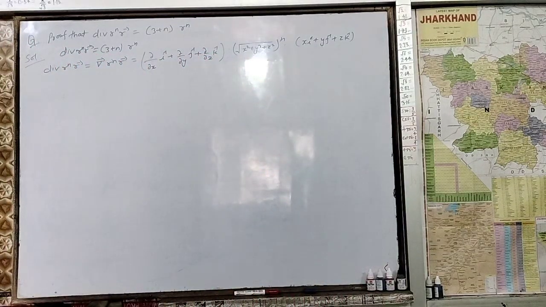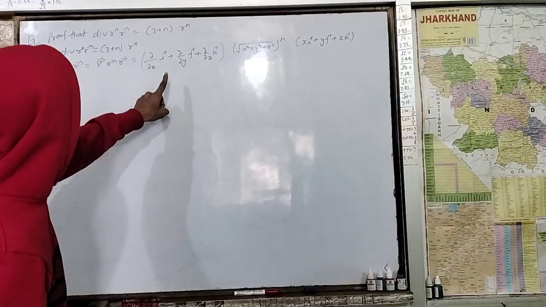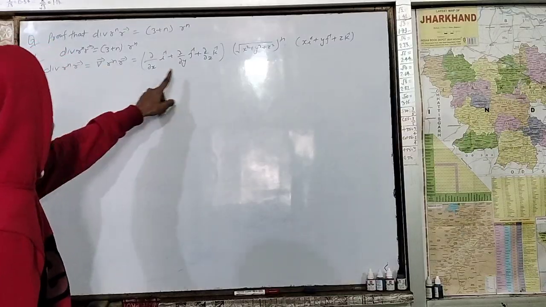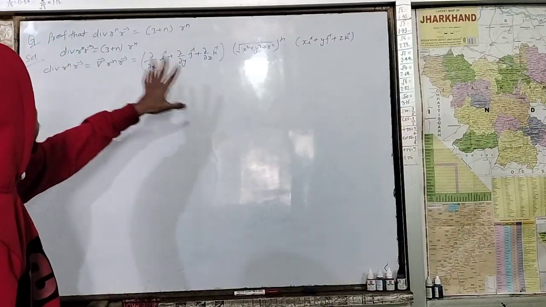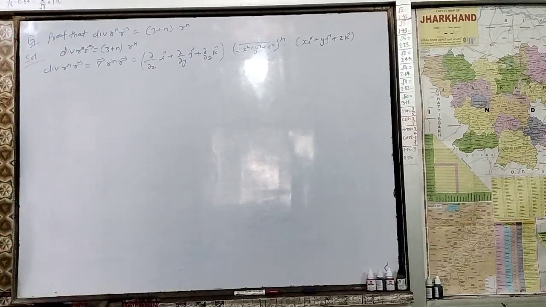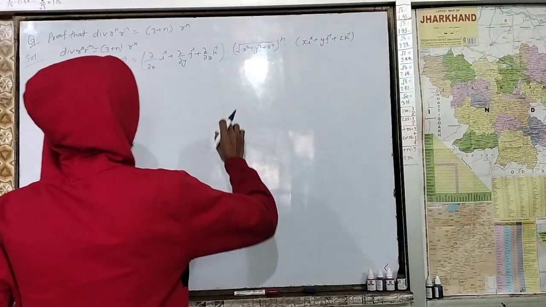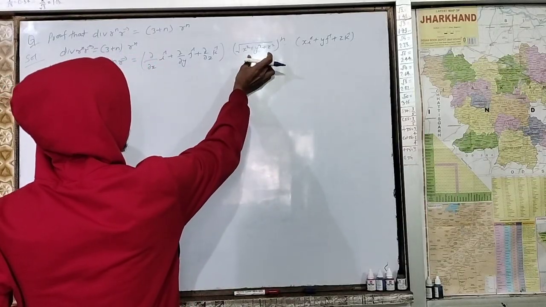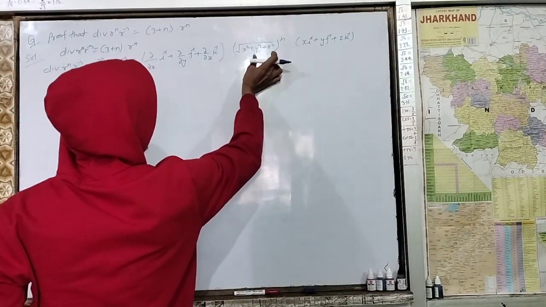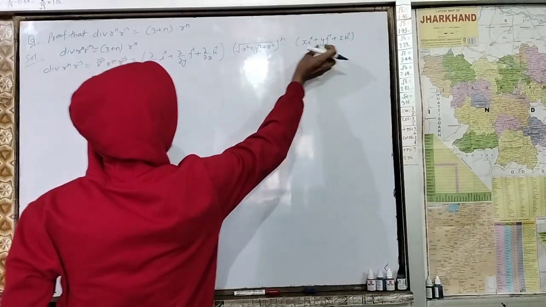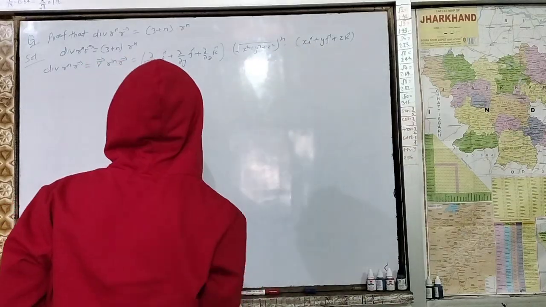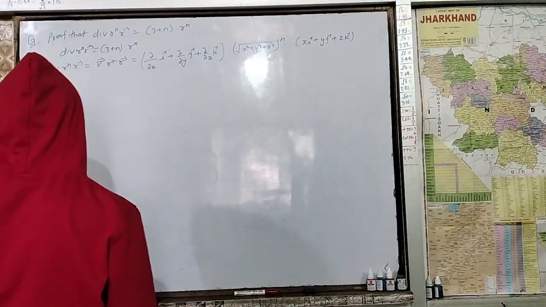We just substituted the value of the del operator and the value of the r vector. That's it. Now this will be multiplied by x, this by y, this by z, where it is a dot product. Okay, it is a dot product.